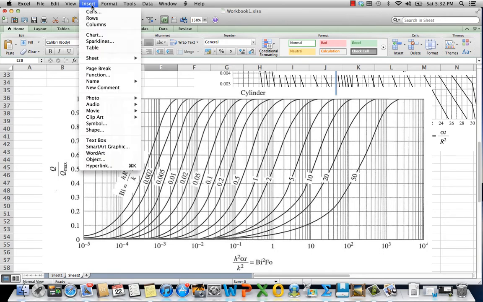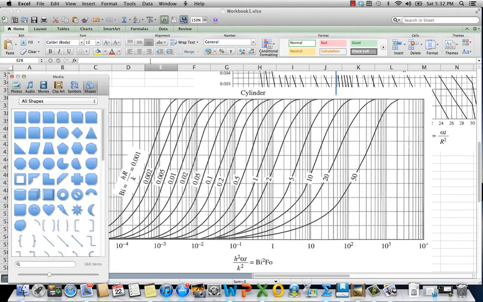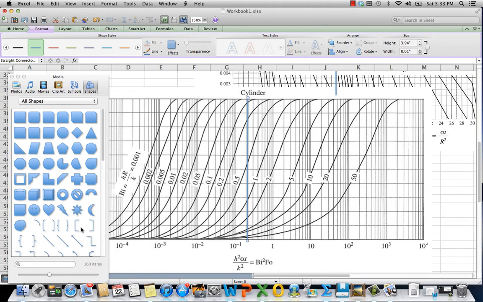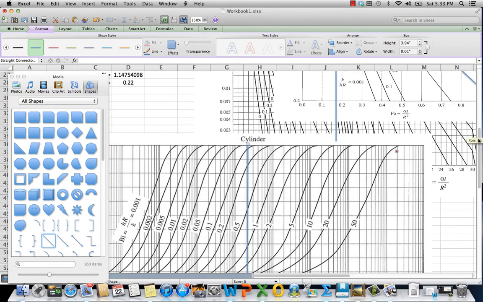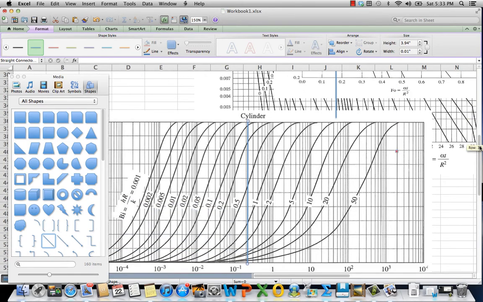Let me draw that in as a straight line. 0.1, 0.2, 0.22, somewhere right in here. Because it's easiest for me to do straight lines, I'm not going to try and draw in the entire curve. I'm only going to draw in the portion that we're really interested in. But remember, Bi is now 1.15.